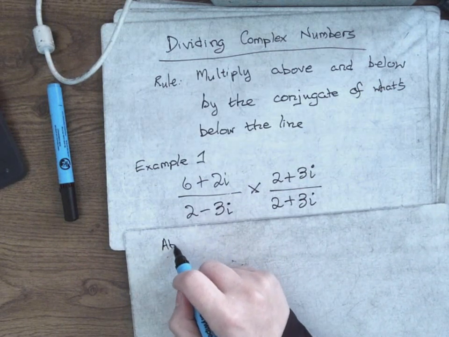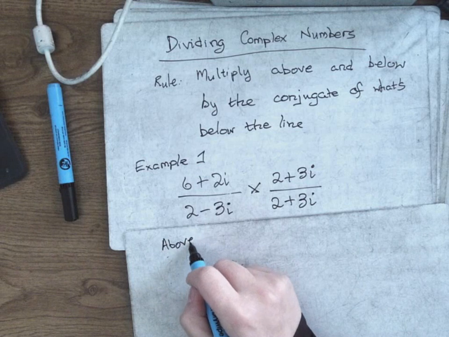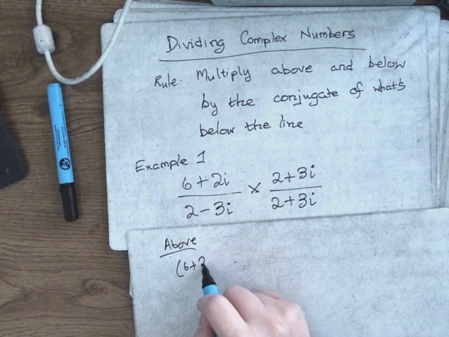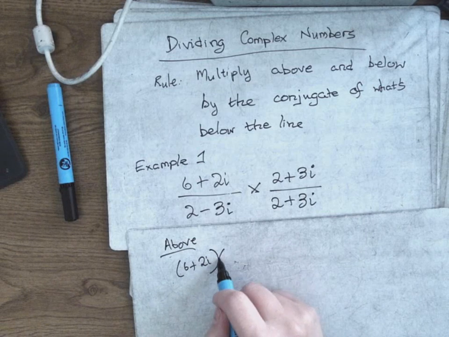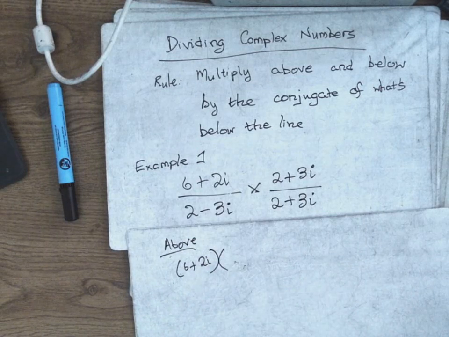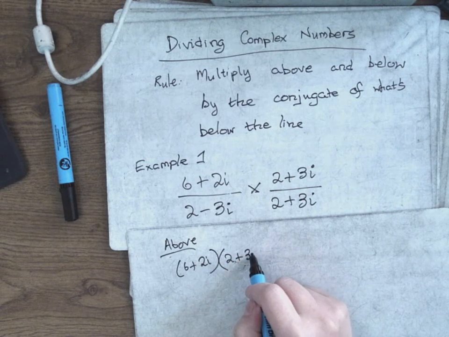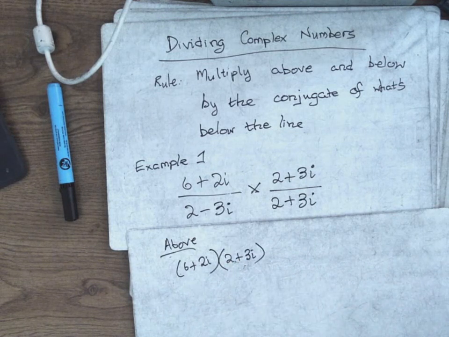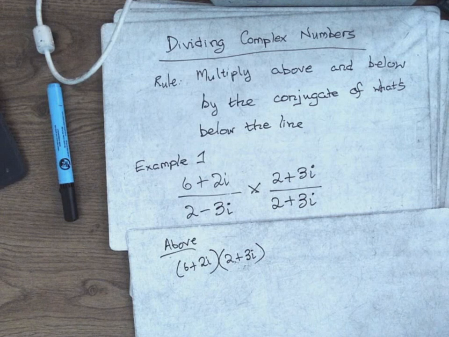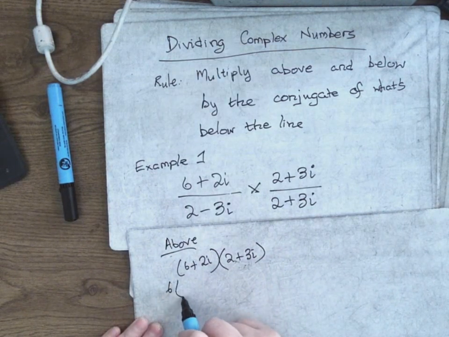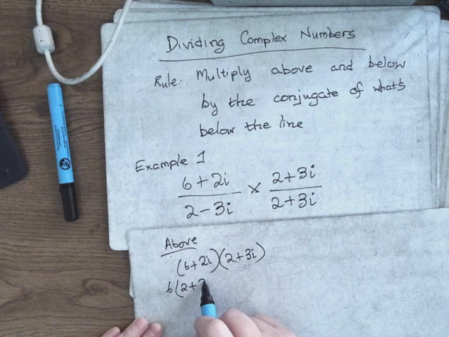So, above the line. What do I want to multiply above the line, please? 6 plus 2i, and I'm going to put them into brackets, because you'll see there's actually nothing new here. What am I going to multiply it by? 2 plus 3i. Guess what? That's a multiply. So you split up the first bracket, write the second bracket down twice. 2 plus 3i.